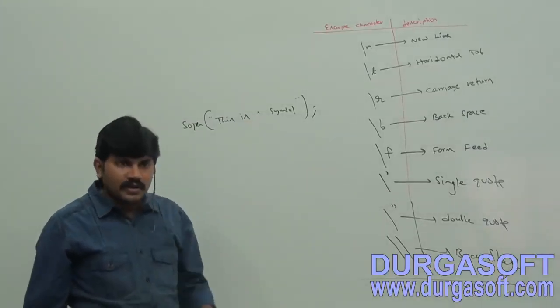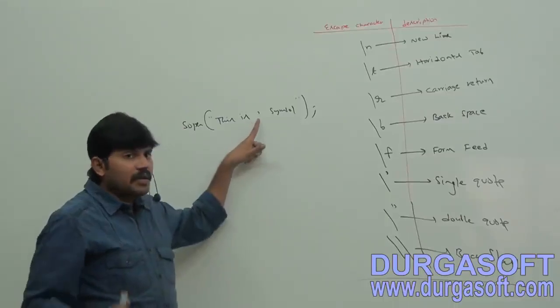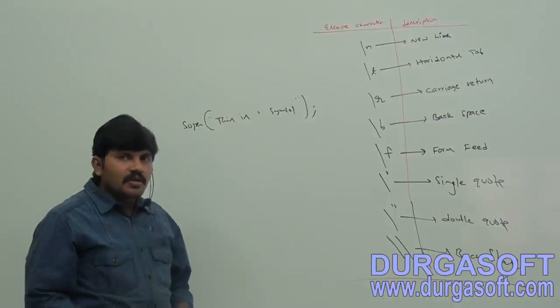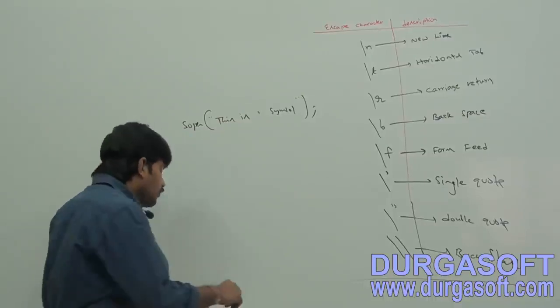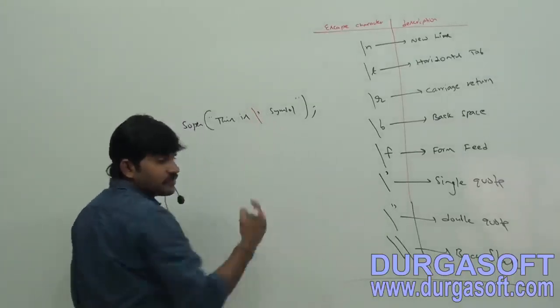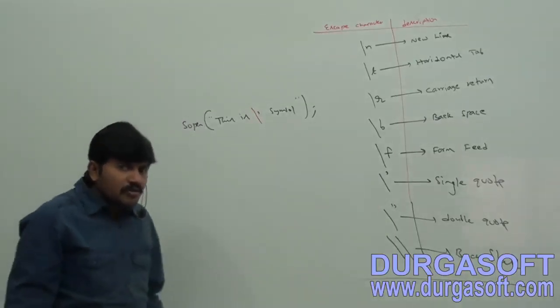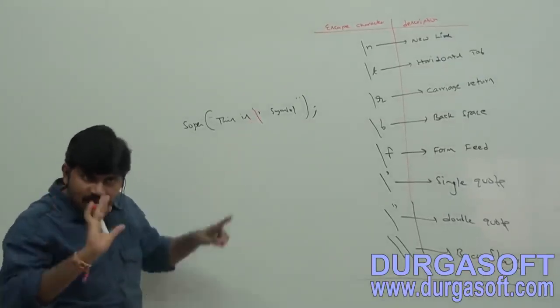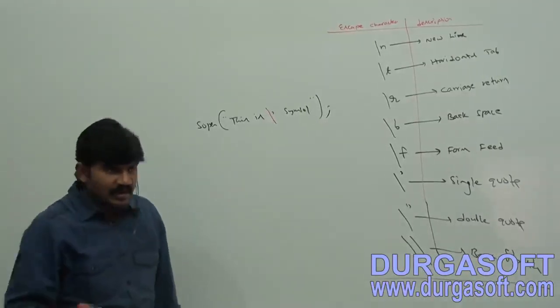Where is the corresponding character literal, right? Now I have to convey, oh compiler, don't consider single quote's meaning. Can you please consider single quote as a symbol only? How you can specify that is backslash single quote. Now onwards it's going to print single quote as a symbol, not its meaning, not the character literal, right?